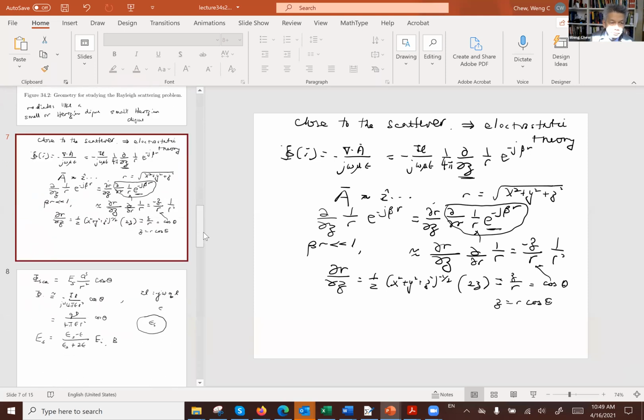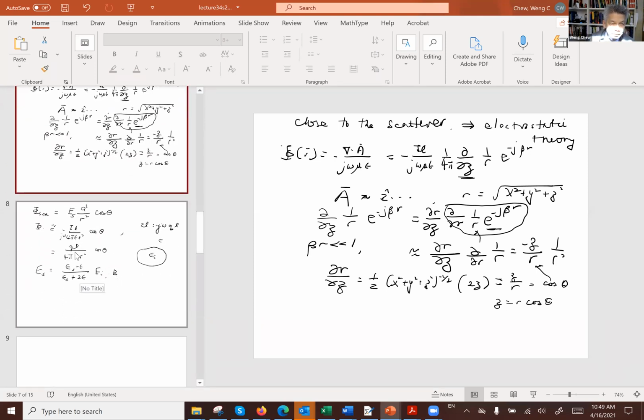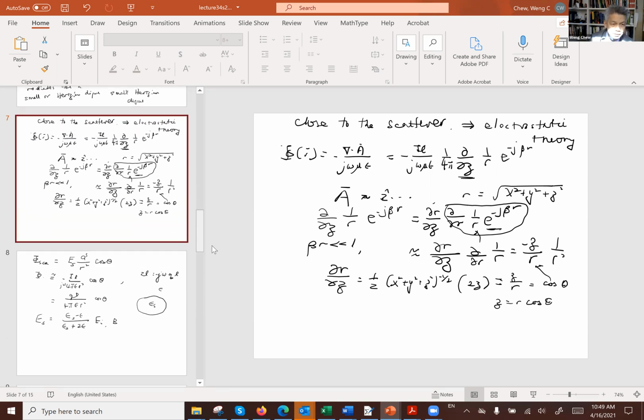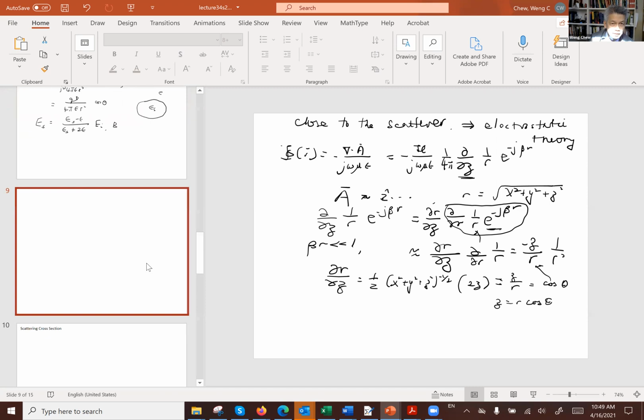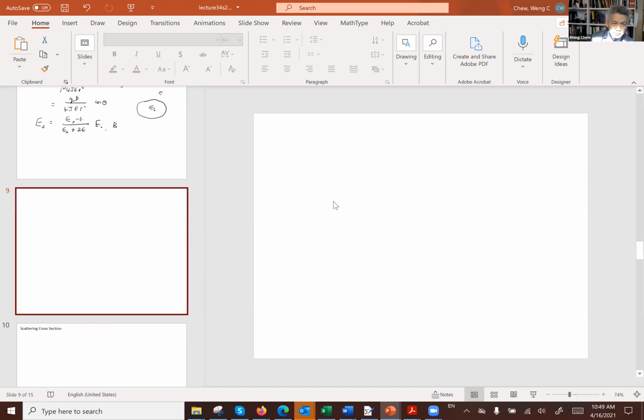So we know how to solve for the problem of the polarization of this particle by an incident field, and it will have an amplitude that gives rise to this dipole moment, and that amplitude is given by this thing over here. Then the next thing we can do is to plug this into the previous expression, and then find the far field from this dipole.